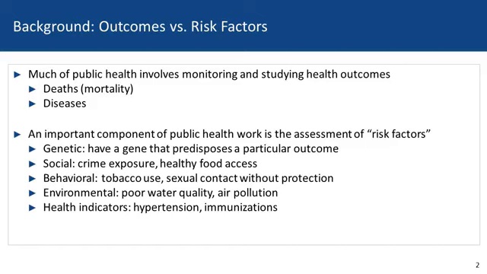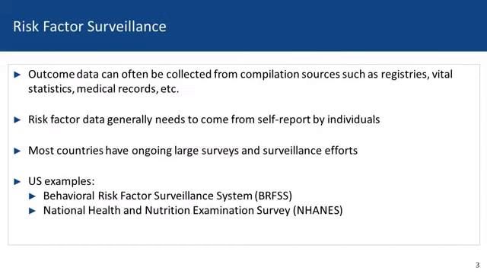The surveillance for risk factors is incredibly important, but it can be very difficult to do. Outcome data can often be collected from compilation sources, such as registries, vital statistics, medical records, or other such broad collection methods. Risk factor data, in contrast, generally needs to come from self-report by individuals.